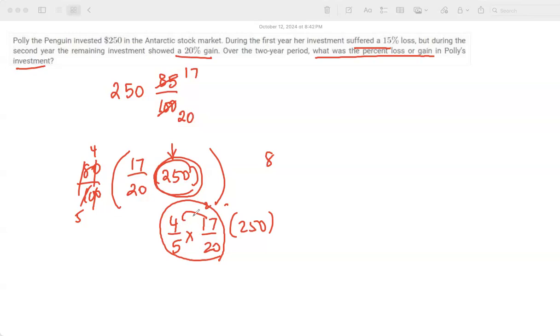7 4s are 28. 2 4s is 4, 5, 6. 17 over 25 times 250. What is it, ma'am? 17 over 25 times 250.